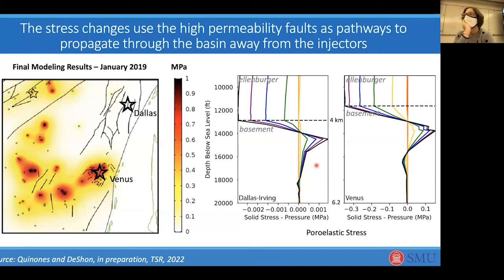And in your modeling on the left, do you take into account just injection, or do you also take into account the fact that you also remove some fluid by extracting some? So this is the weakness in this particular study. In this particular study, we don't include production.